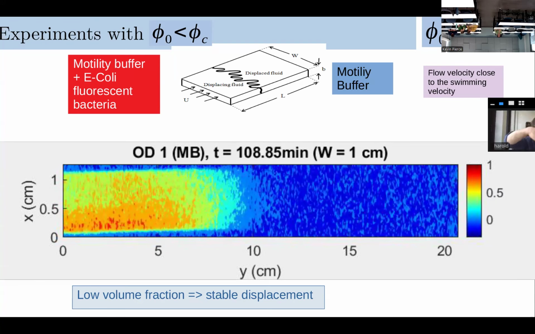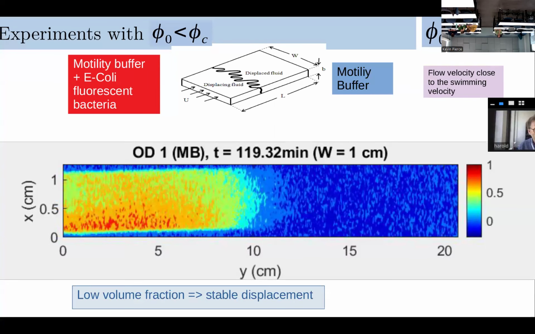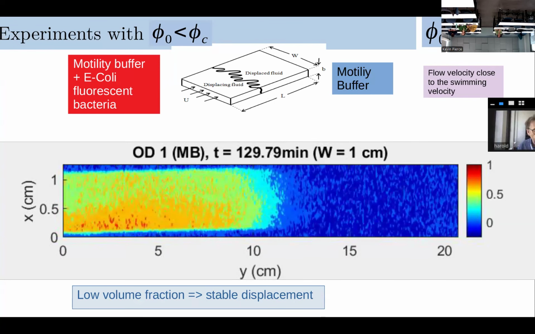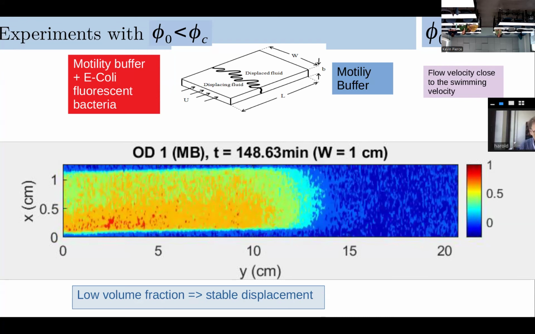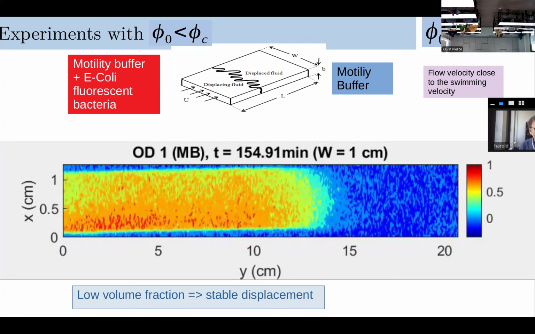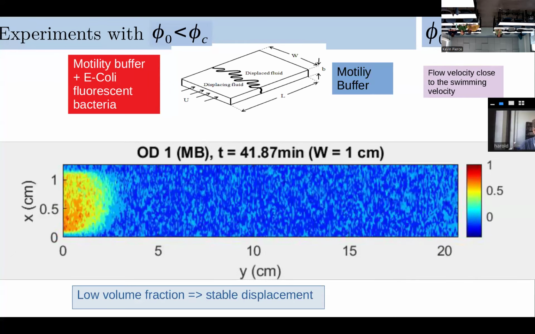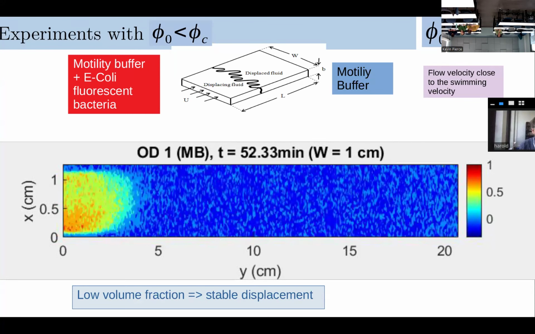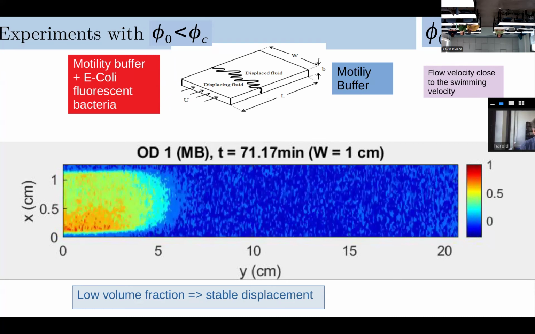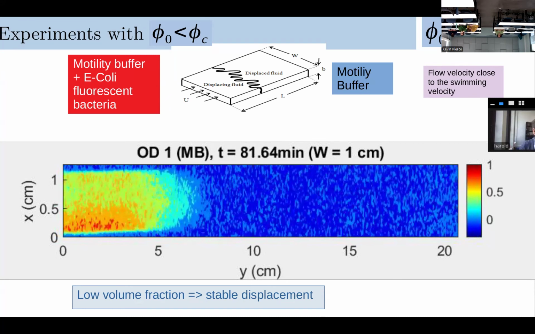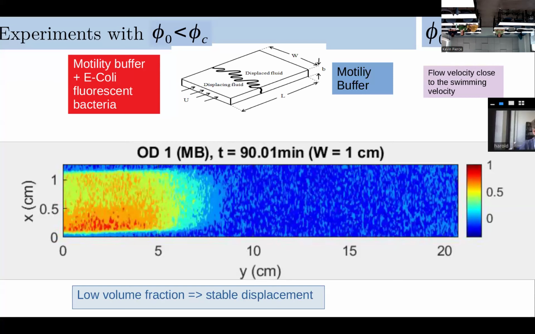We observe from the top, and you see the bacteria entering into the flow cell, and you see that the front between the two, the liquids without bacteria in blue and with bacteria in red, is stable. You have a mixing front between the two liquids, and the front is stable and moving at the average velocity of the fluid.